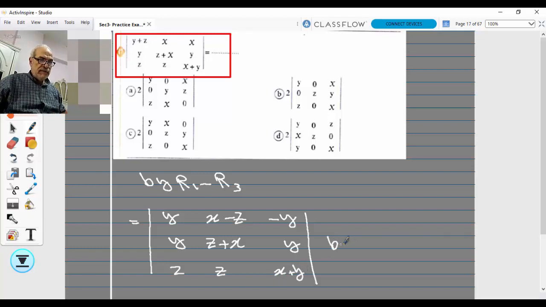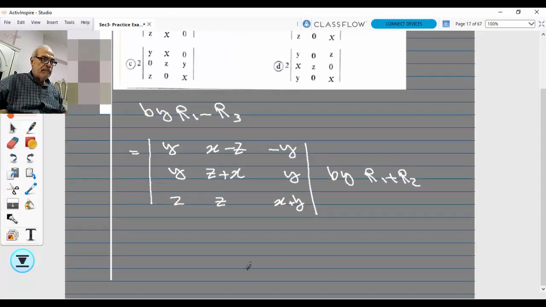Then by r1 plus r2. So we have r1 plus r2: y plus y, 2y, x minus z plus z plus x equals 2x, as negative x plus z, negative z plus z equals 0, and the negative y plus y equals 0.